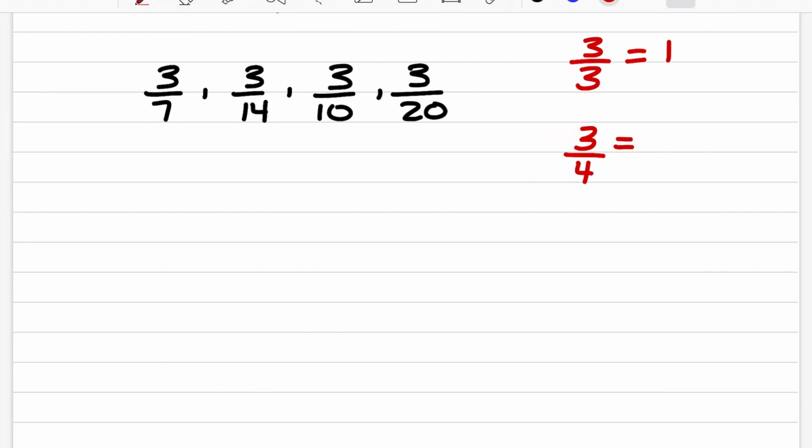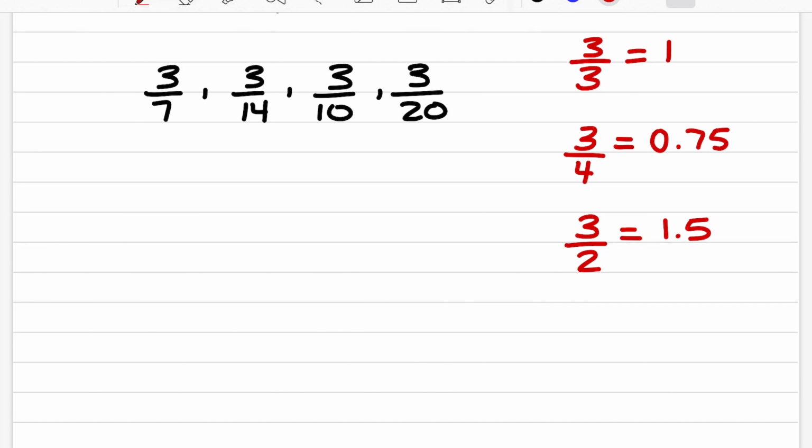So that's going to be 0.75, smaller than 1. Or if we had 3 over 2, now 3 is bigger on the top than the bottom, and that's going to be 1.5, so bigger than 1. So essentially, the farther apart they are, the farther apart they are from 1.